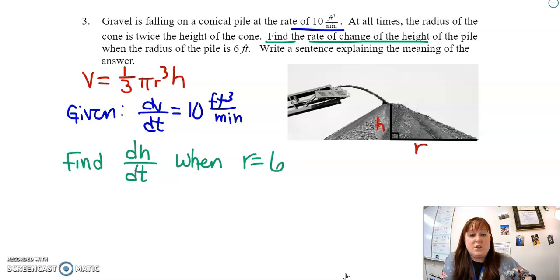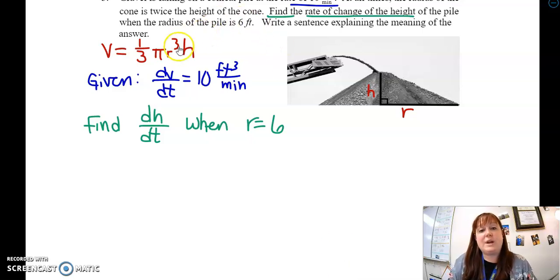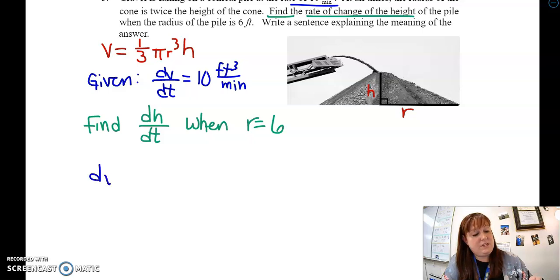Now the first thing we're going to do is set this up. So we know that this is how the radius, the height, and the volume are all related, right? We can go ahead and differentiate. So we have dV/dt equals 1/3 pi. Those are all constants. But then we've got this really icky product, right?